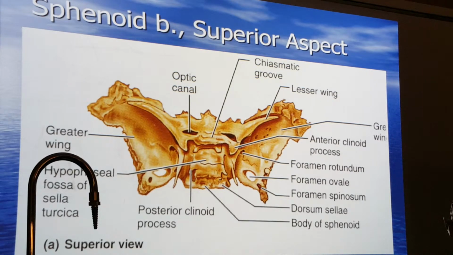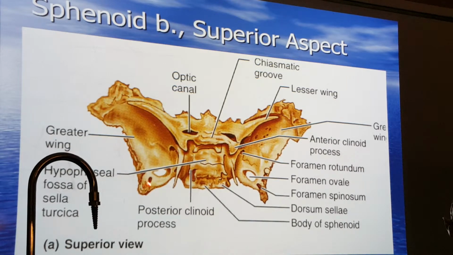Okay, and so here we see a top view, and you can see the greater wing, the lesser wing, looking down into the sella turcica, the dorsum celli at the back.